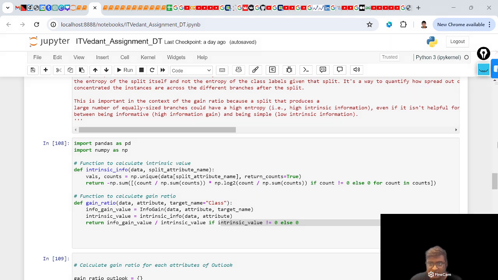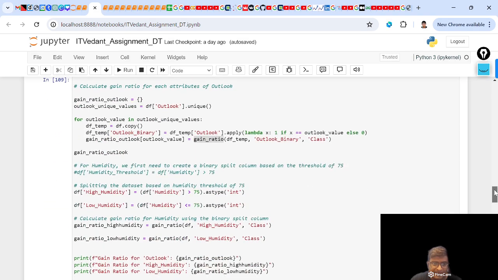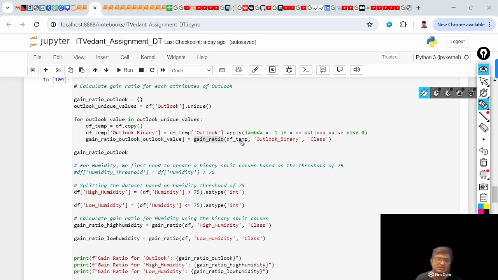Moving ahead, now let's calculate the gain ratio for each of these elements of Outlook and also for Humidity. It is simple, the same as what we have done. We are running a for loop for each of these unique Outlook elements, using the gain ratio function to get the gain ratio for Outlook, and also for Humidity, where for simplicity we have taken a binary condition: more than 75 and less than 75, again using the function to calculate the gain ratio.